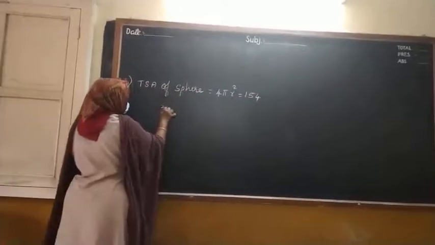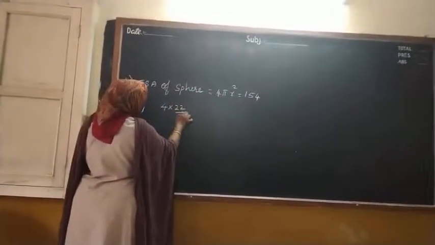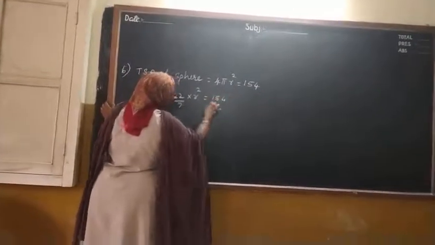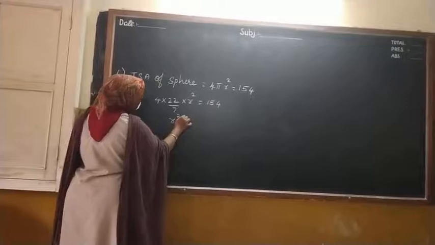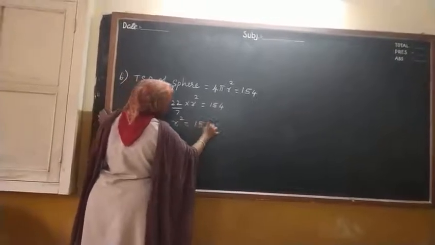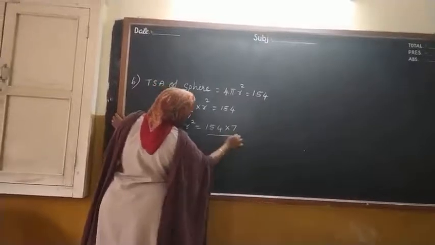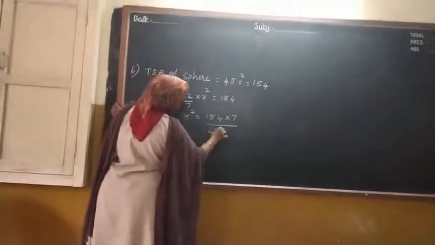So 4 into 22 by 7 into r square is equal to 154. So r square is equal to 154 multiplied by 7 divided by 4 into 22.